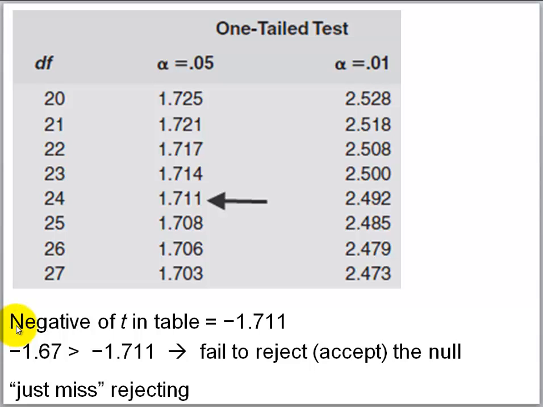The negative of the t in the table is minus 1.711. Our obtained t, minus 1.67, is greater than minus 1.711. It's greater than the t in the table, and therefore we fail to reject. That is to say, we accept the null. And in this example, we just miss rejecting the null.